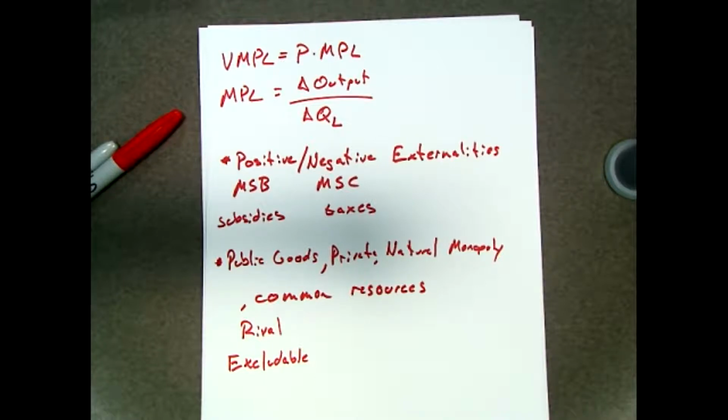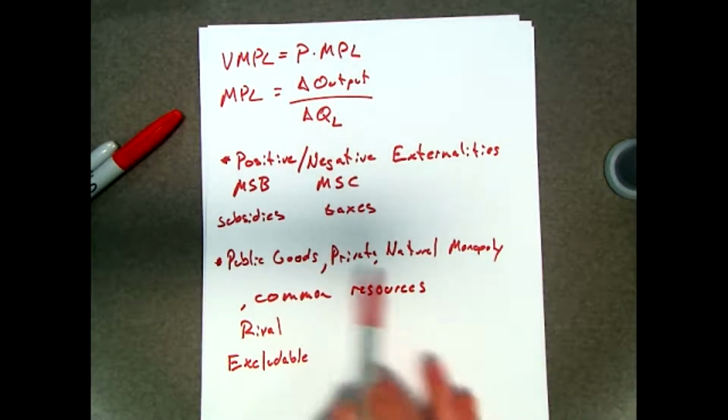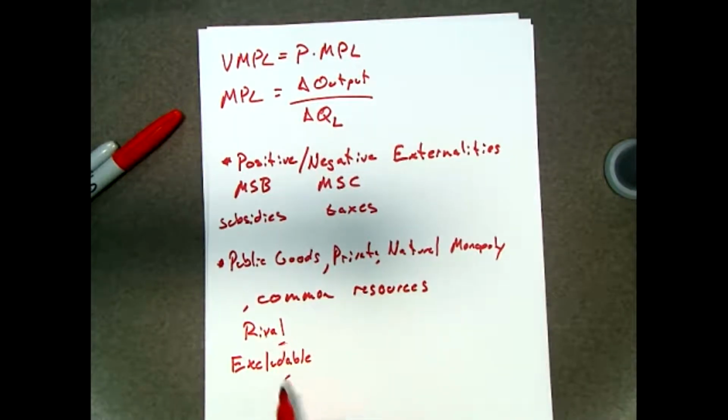Once it's paid for and it exists, we all enjoy the benefits. There's no way I can prevent you from enjoying the benefit, but still enjoy it for myself. So know how the different combinations of those things work, for these four goods, whether or not they're rival or excludable or non-rival or non-excludable.